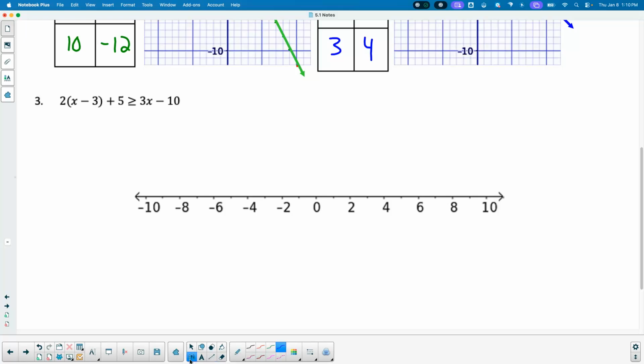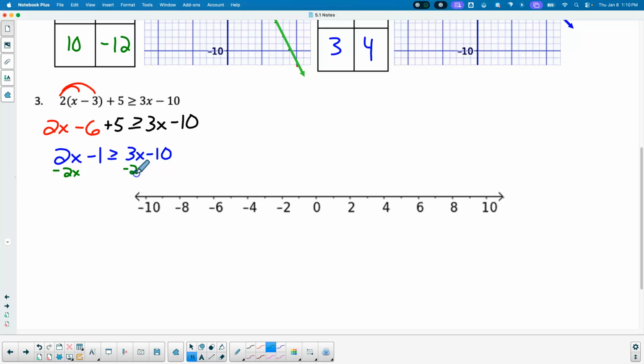First thing I would do here in number 3 is I would distribute that 2 into that set of parentheses, giving me 2x minus 6. Then I would combine my like terms. On the left side, we would have 2x minus 1. We could subtract 2x from both sides.